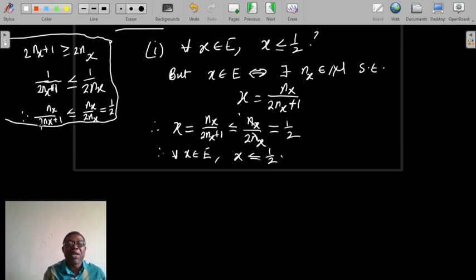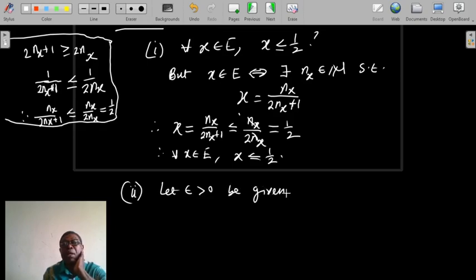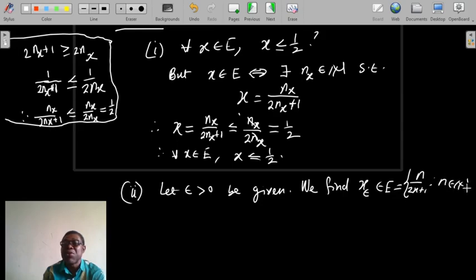Now the next thing we shall do is to look at this. We let epsilon bigger than 0 be given. The next job we should do is to find, say, x_epsilon in E. Remember that our E is of the form n over 2n plus 1, where n is in the set of natural numbers.